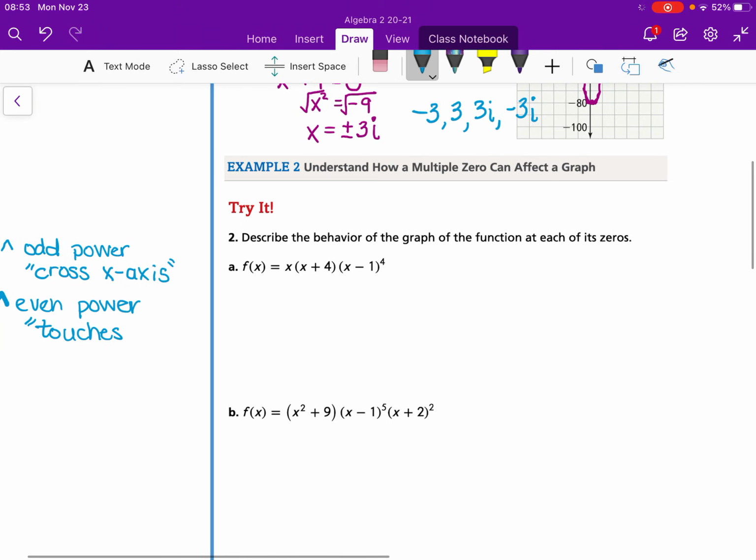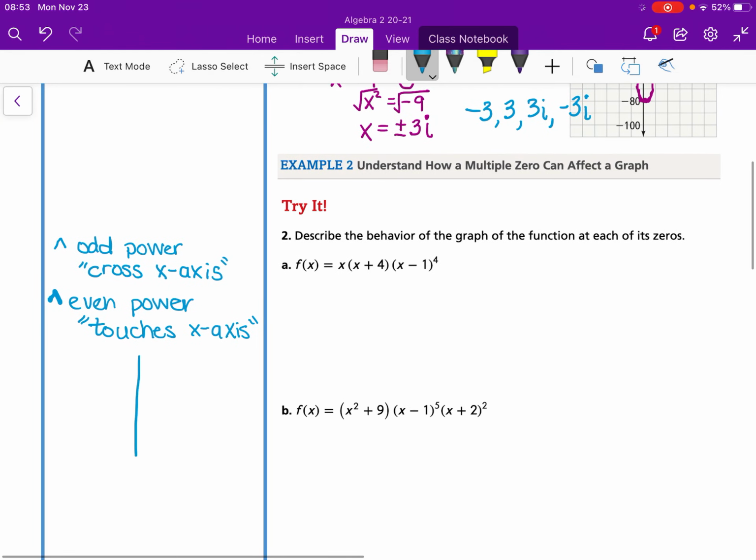So, here's my picture. This is what I mean by touches. Because then it touches it, but then it goes back down. That happens at an even power. Crosses means it was under and goes over, or it was over and goes under. Okay?